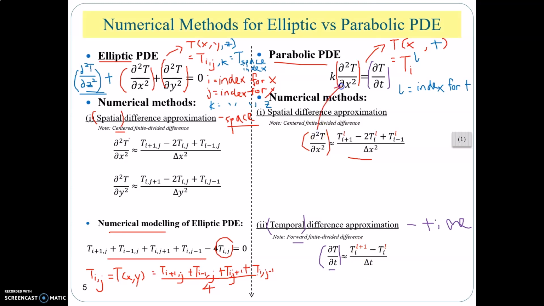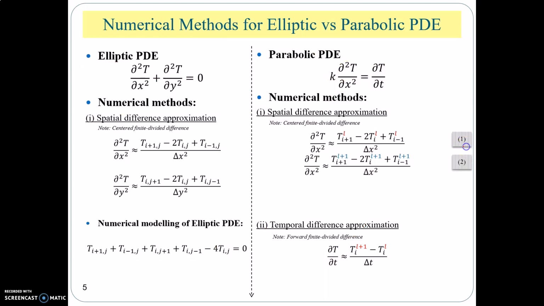When we substitute d²T/dx² and dT/dt into this parabolic PDE, we should be able to obtain the numerical modeling for this equation. Besides equation 1 here, we can also use equation 2 to find the second derivative of the temperature with respect to x, where you can see the L is changed to L plus 1.